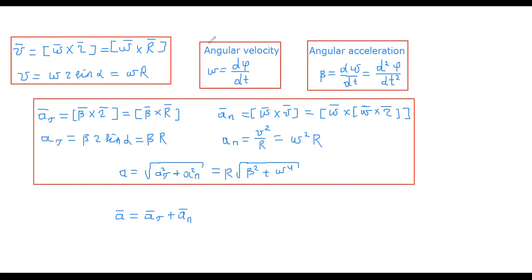The angle between tangential and normal acceleration is equal to 90 degrees, or pi divided by 2 radians. If we draw this, for example, tangential acceleration, normal acceleration, and we can draw the sum of these vectors.